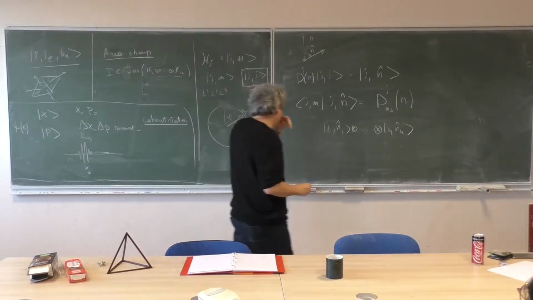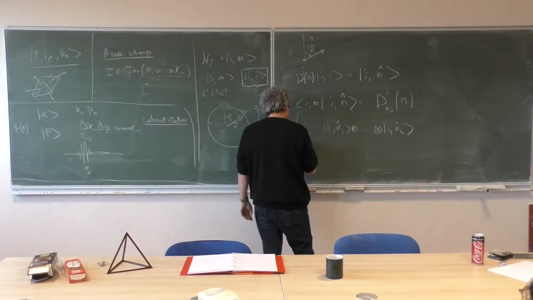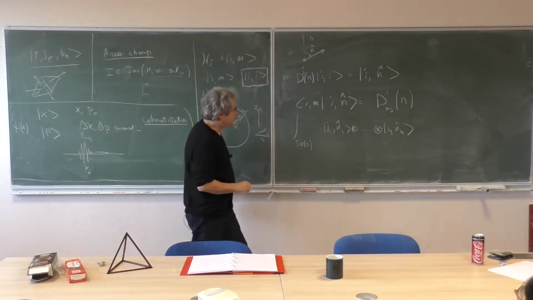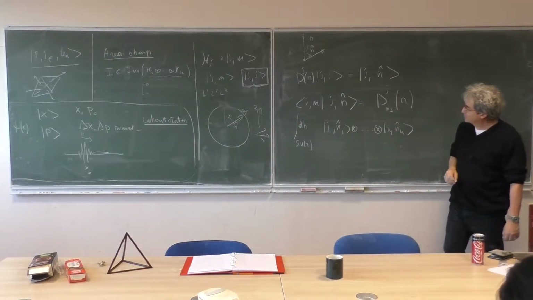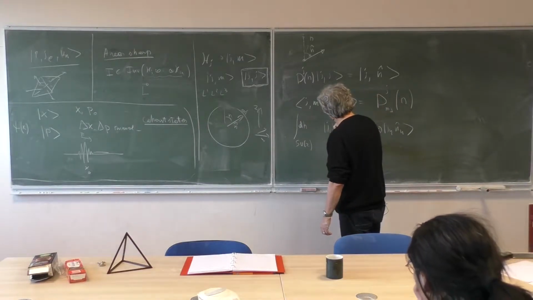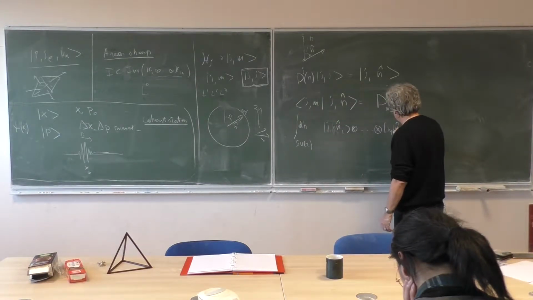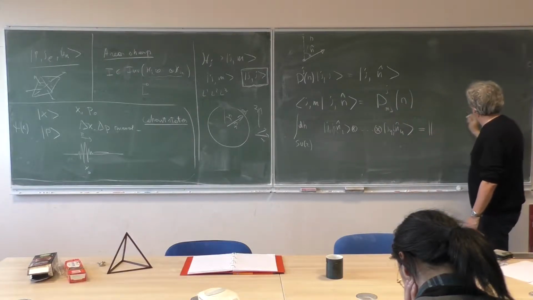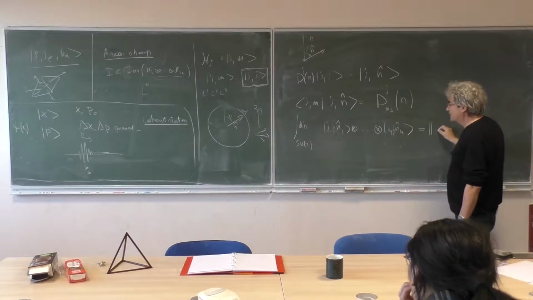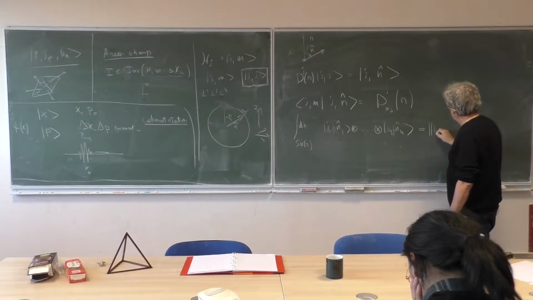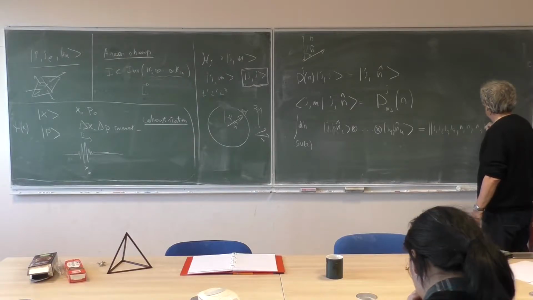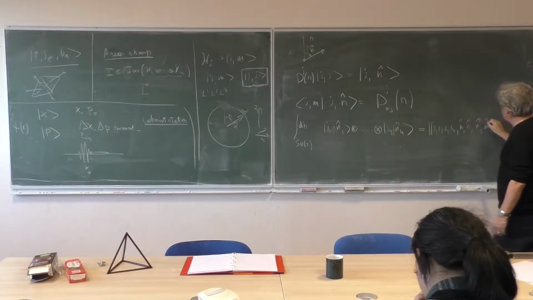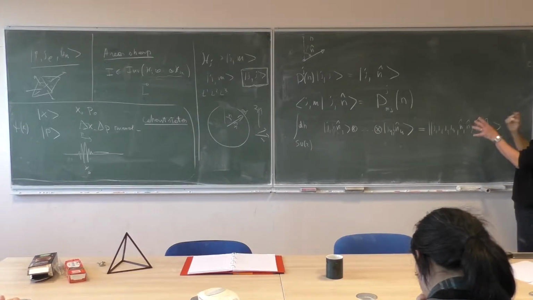So I now define, I take this, I integrate over SU2, dH, H being an arbitrary SU2 element, which acts here on each one of them. And this I call the state with J1, J2, J3, J4, and n1, n2, n3, n4, remembering that it doesn't really depend on these four directions.